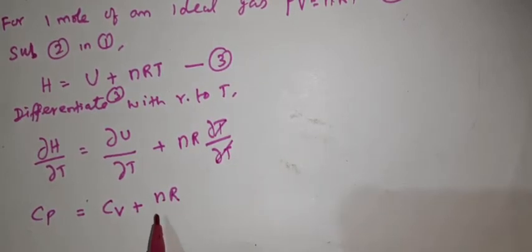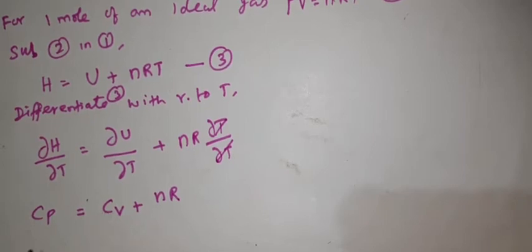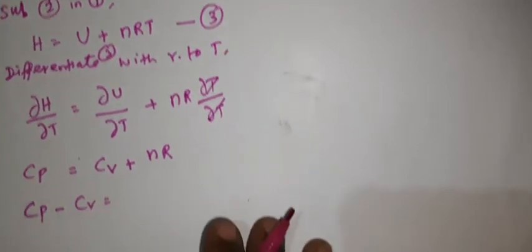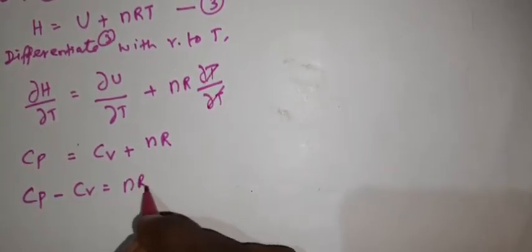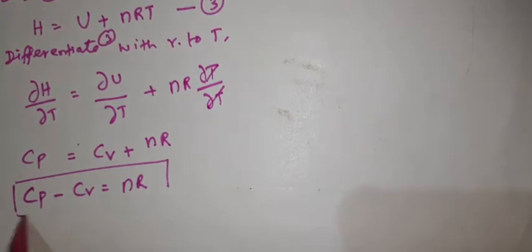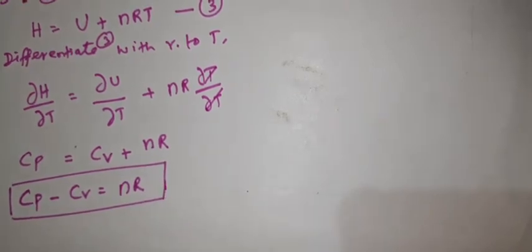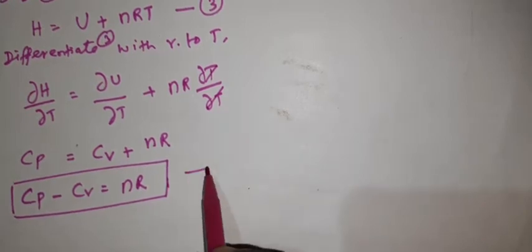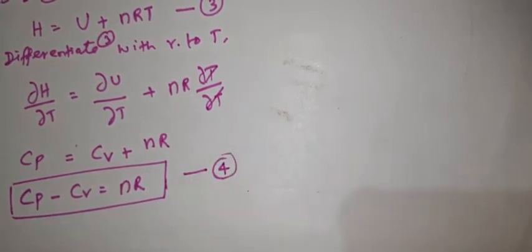Now I keep nR on one side and Cv on the other side. So Cp minus Cv equals nR. This is the relationship between Cp and Cv. This is equation 4.